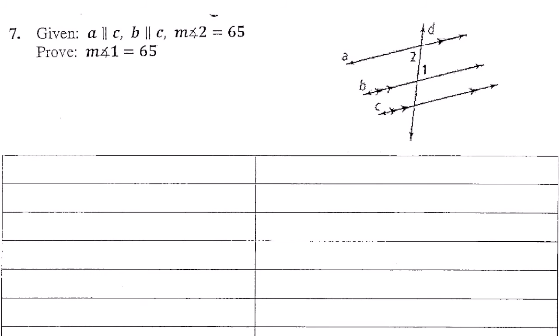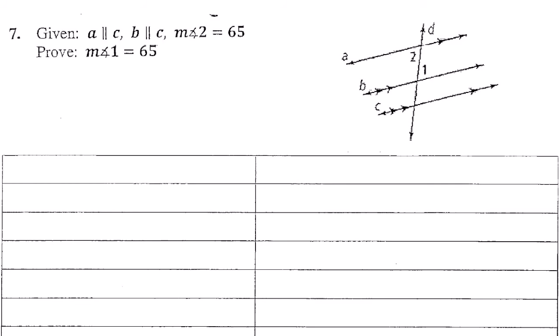So we might be able to say that angle blank is congruent to angle blank, but then we have to say that their measures are equal by the definition of congruence. Then we can use maybe the transitive property or substitution to say that one is equal to a certain specific measure, maybe 65.